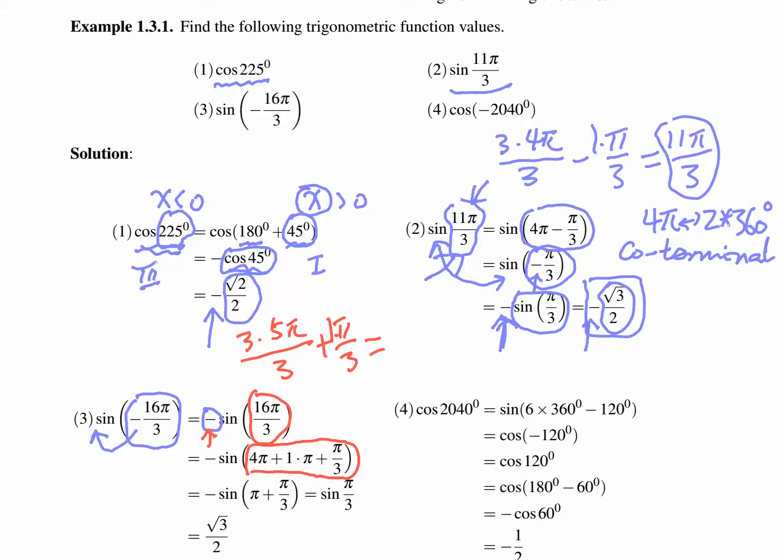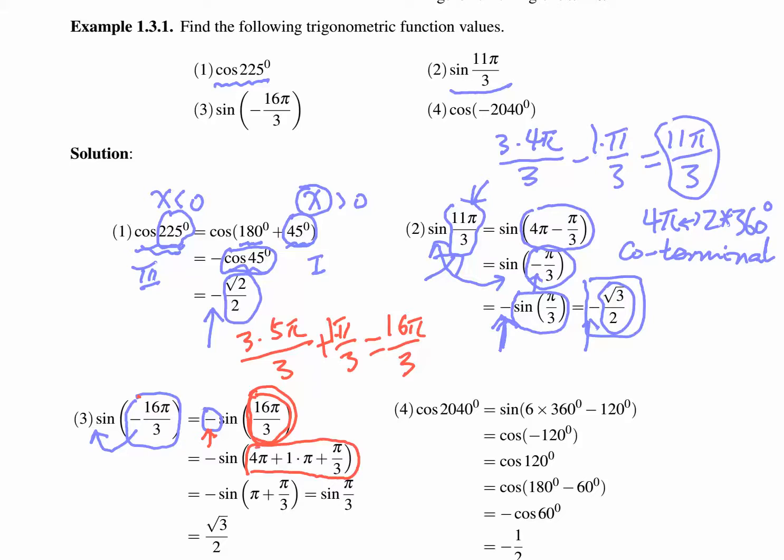So 3 times 5 is 15 plus 1 pi is 16 pi over 3. So it goes back here, so we know they're equal.